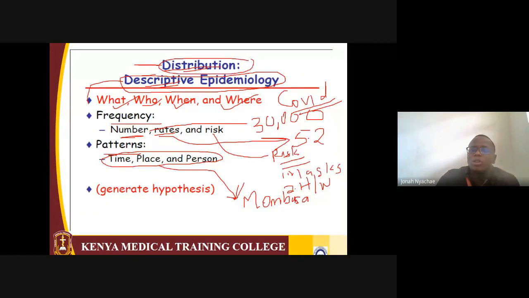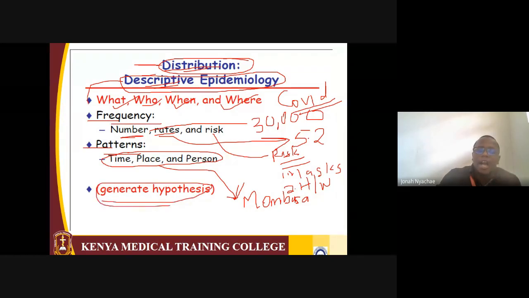The distribution, which is part of epidemiology. So from there, when you get this who, what, when, and you talk about the frequency and the pattern, you can generate a hypothesis. And hypotheses are statements which have to be verified. You can say, like in the case of Kenya, more males are being infected than females. You understand? So that is called descriptive epidemiology.